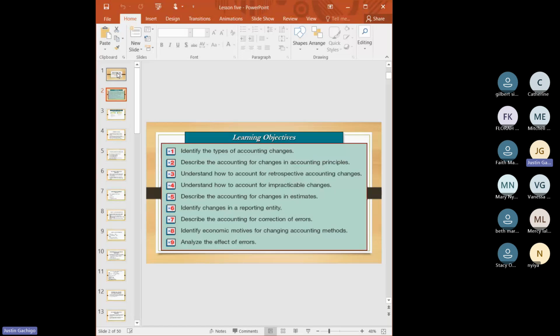You need to describe the accounting for changes in accounting principle, understand how to account for retrospective accounting changes, understand how to account for impractical changes, describe the accounting for changes in estimate, identify changes in a reporting entity, describe the accounting for correction of errors, identify economic motives for changing accounting methods, and finally, you need to be able to analyze the effect of errors. So that's what we are going to discuss today.